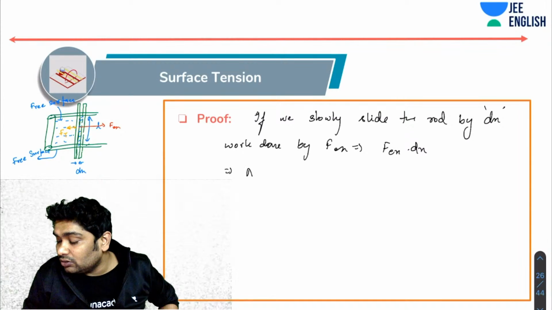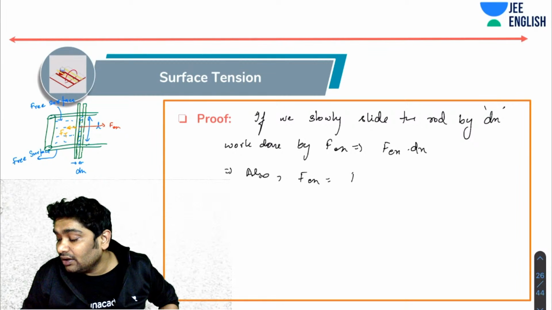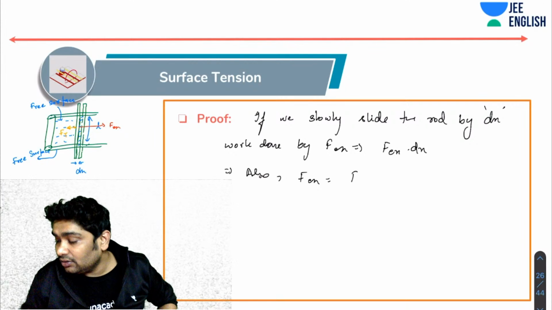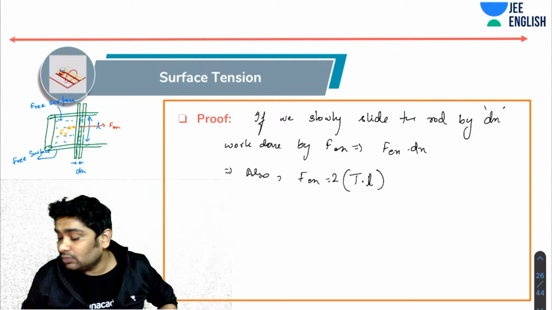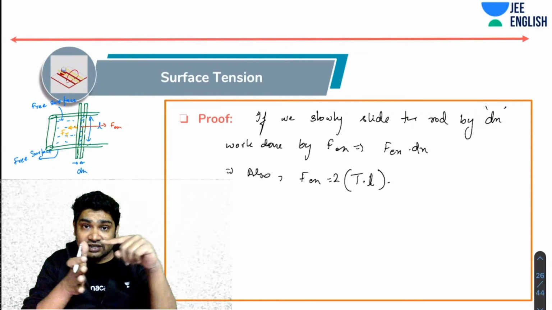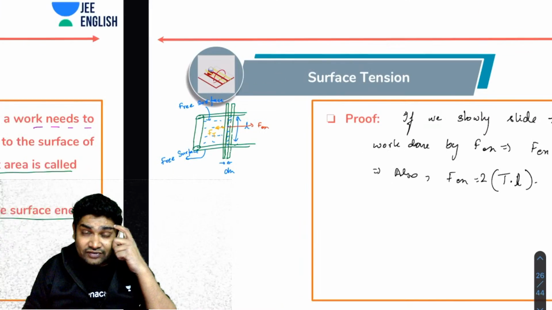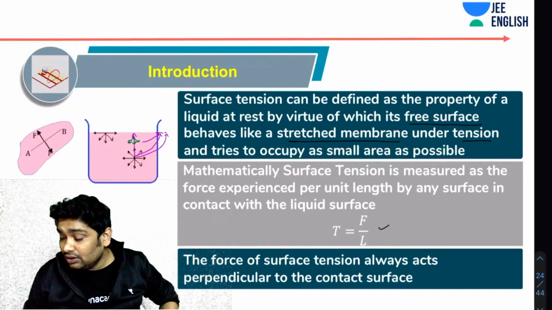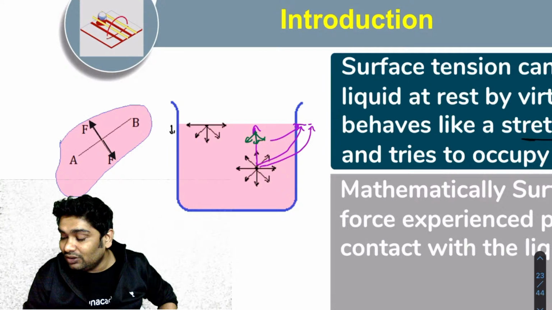I know F external is equal to surface tension, which is T into L into 2. Why? T into L on the upper free surface, T into L on the lower free surface. Now, please note that the surface tension phenomenon happens only for a few layers of molecules, barely 5 to 10 molecules below the surface.